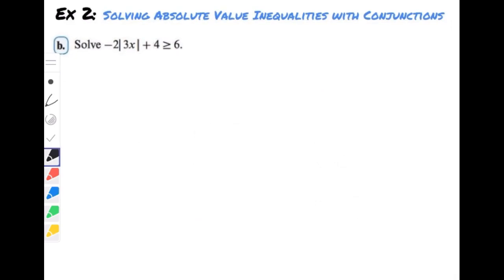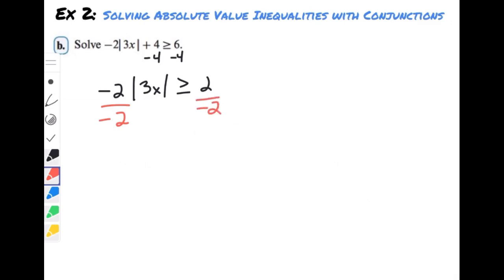Next, just like our equal signs, we need that absolute value to be alone before we can evaluate it. So I'm going to say minus 4 on both sides. So that'll leave us with negative 2, absolute value of 3x, and that will be greater than or equal to 2. Next step, get rid of that negative 2. Now, I'm going to flip the sign. Now that would make it a conjunction.